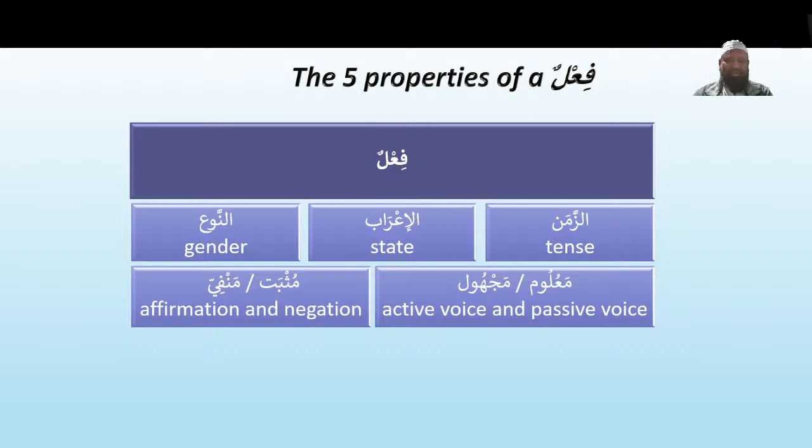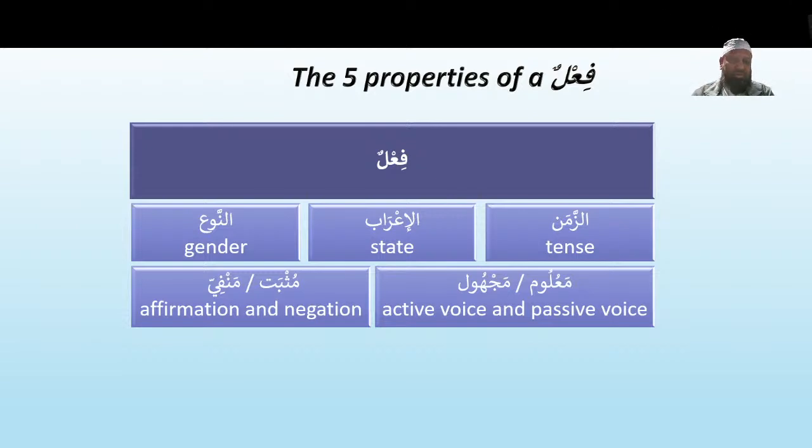Majhul is when the doer is not present in the sentence, or is not mentioned, or it is unknown. Sometimes the fa'il is unknown, but it is not mentioned in the sentence. So this is what majhul means. In English, it is said ma'lum is active voice, and majhul is passive voice.